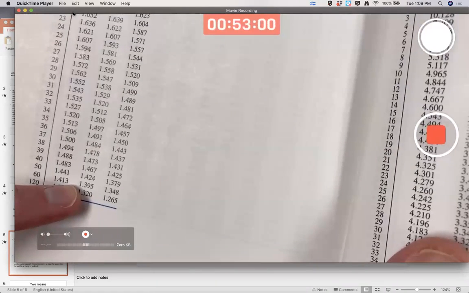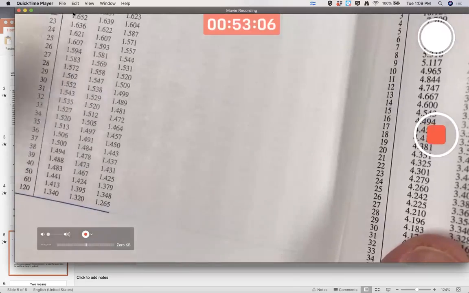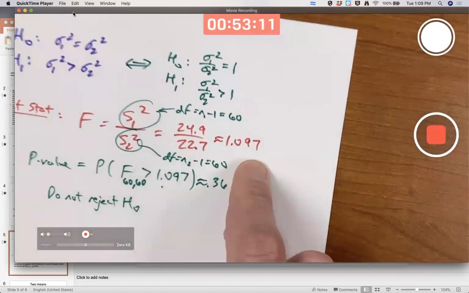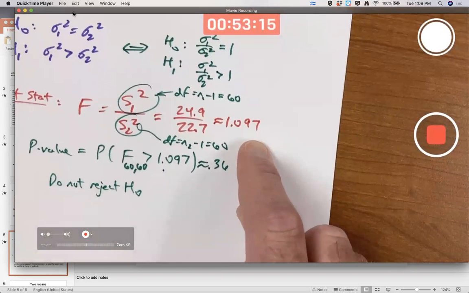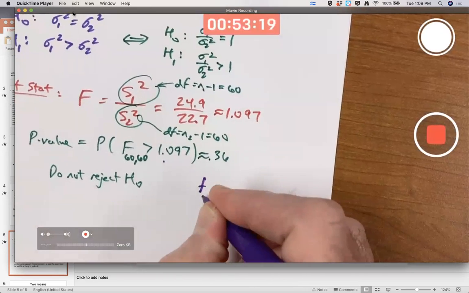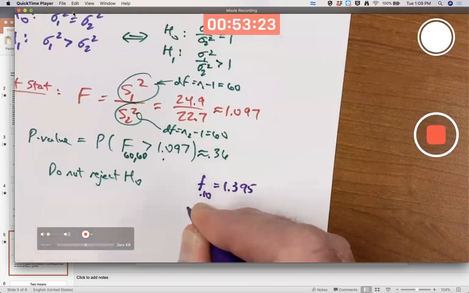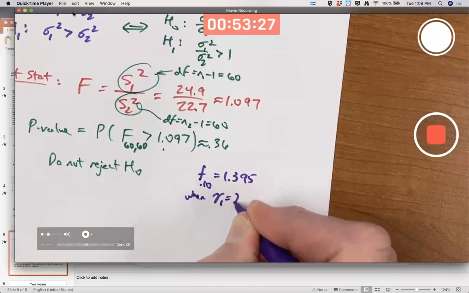So your F statistic, your observed value, would have to be bigger than 1.395 in order to reject at the 10% level. Ours is not bigger than 1.395. Symbolically, you could write little f sub 0.10 is 1.395 when gamma 1 and gamma 2 are both 60.